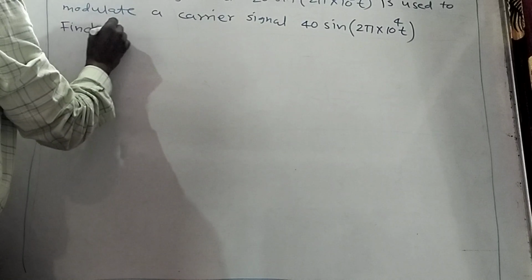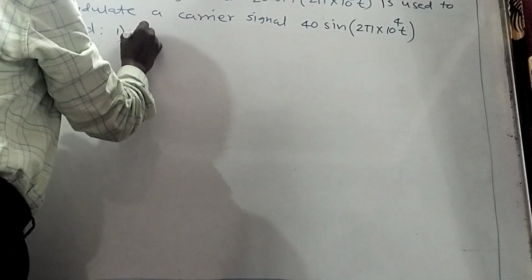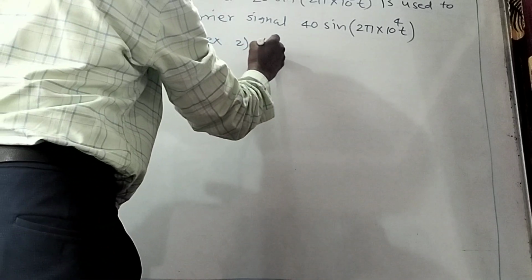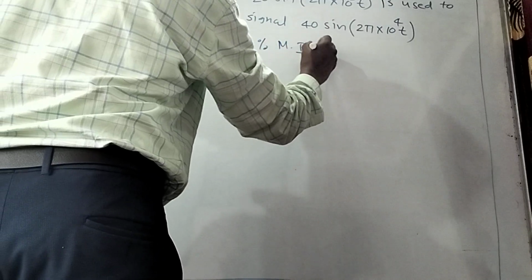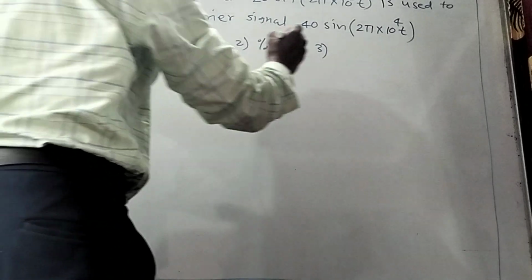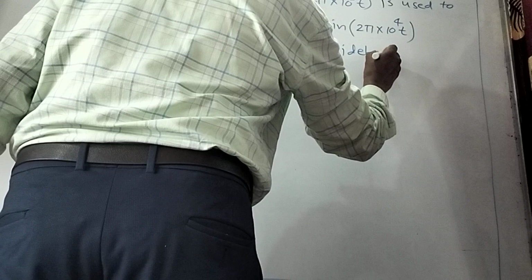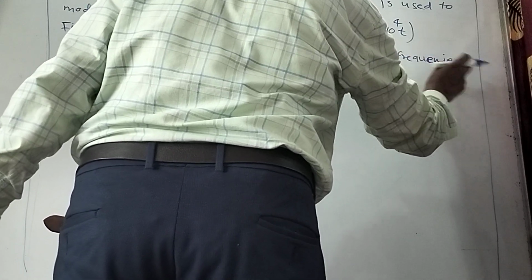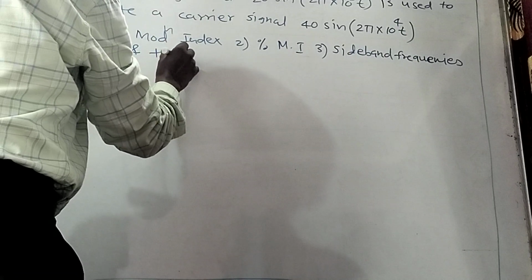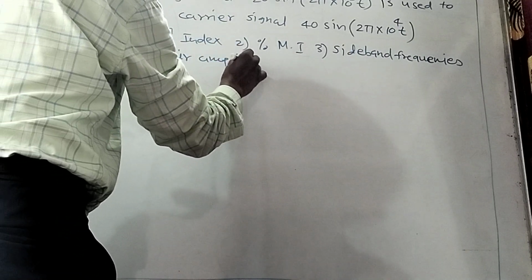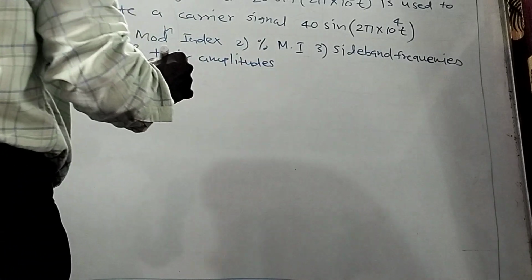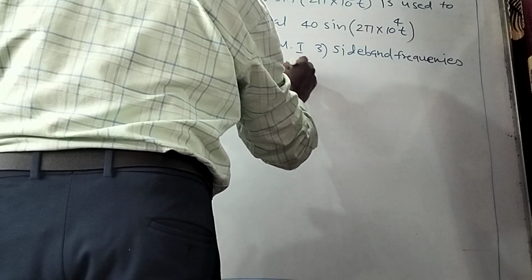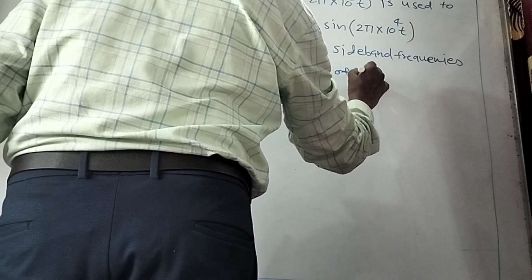First, modulation index; second, percentage modulation index; third, sideband frequencies and their amplitudes; and last one, the fourth one, bandwidth of AM wave.